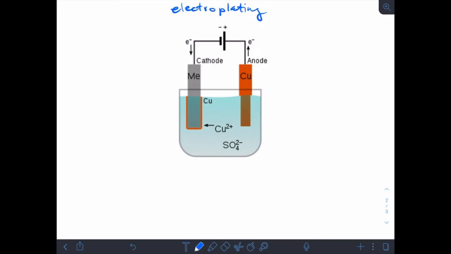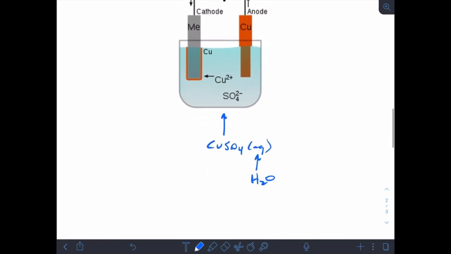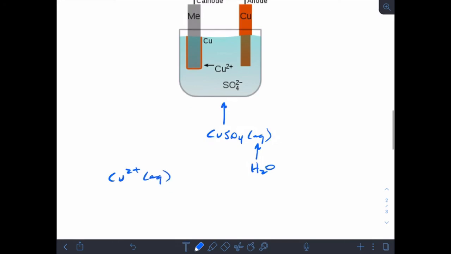So in this scenario, we have everything taking place in an aqueous copper sulfate solution. That means water is present. So if I want to decide how things are going to go, let's look at the reduction potentials of copper 2+, aqueous, and water.